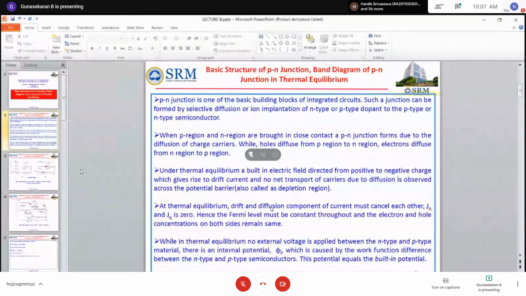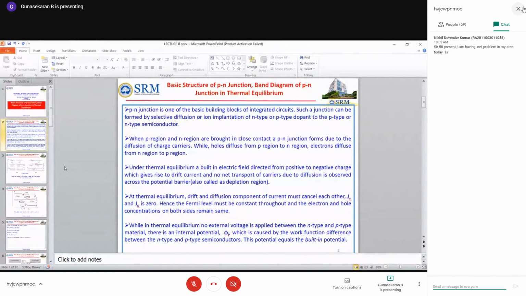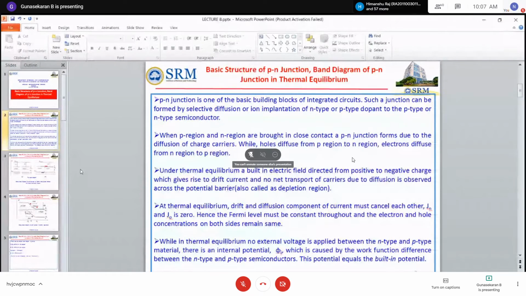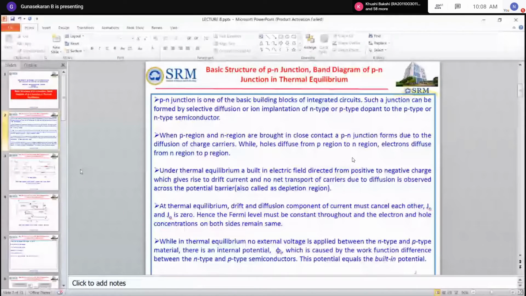Sir, you didn't talk about ohmic contact and Schottky junction, lecture 9. Last week we discussed more. No, sir, we didn't learn ohmic contact. No, that is the metal semiconductor junction. Last week what you discussed was a metal with one semiconductor, N type or P type. That was already completed last week.